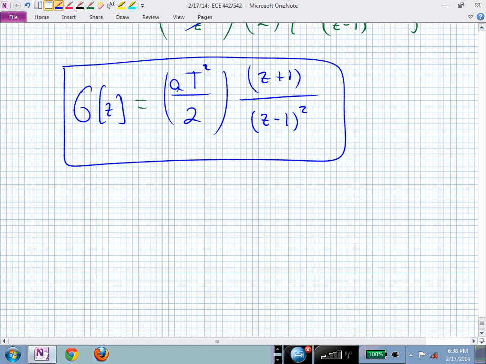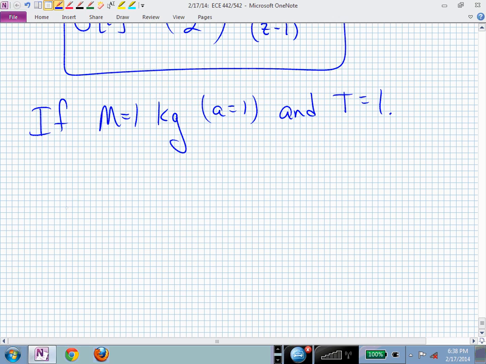Let's say that if m is equal to 1 kilogram, then a is equal to 1, and just for grins, say that t is equal to 1.